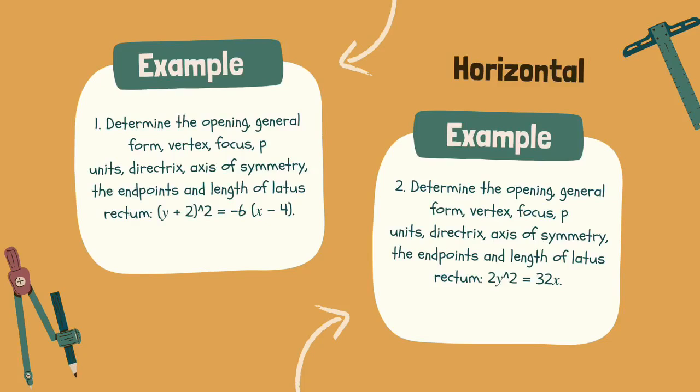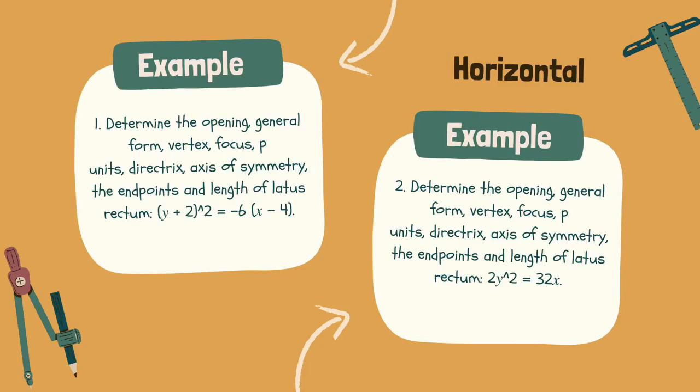Number 1 is: determine the opening, general form, vertex, focus, P units, directrix, axis of symmetry, the endpoints, and length of latus rectum by using that equation below.